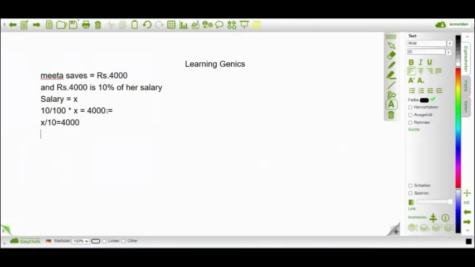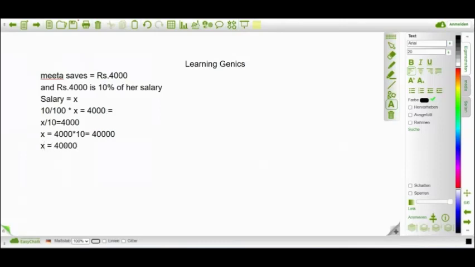If we take the 10 from the left hand side of the equation to the right hand side, it will change its operation, and this will become 4,000 into 10, which is 40,000. Now we can see that x equals 40,000.